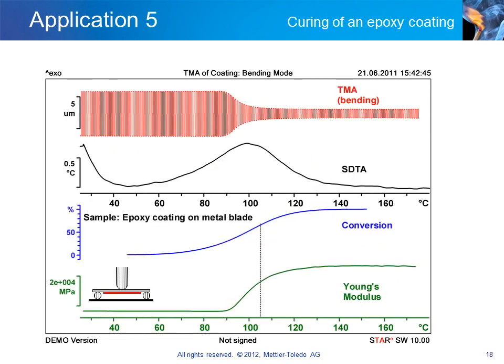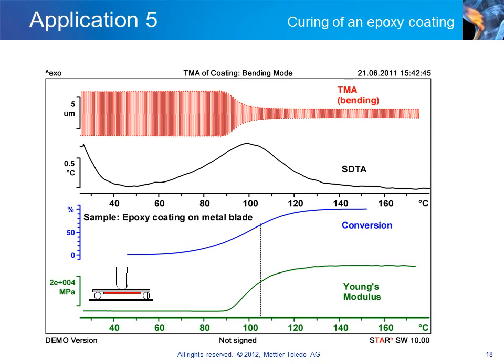Several thermal analysis techniques can be used to characterize the curing behavior of thermosets. Differential scanning calorimetry, or DSC, is the technique normally used to follow the cross-linking process by measuring the heat evolved in the reaction.